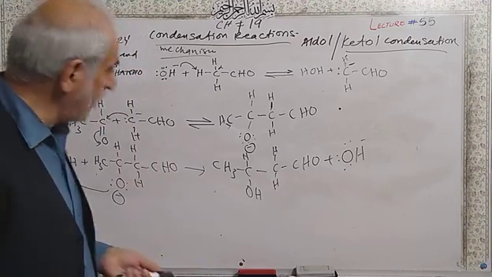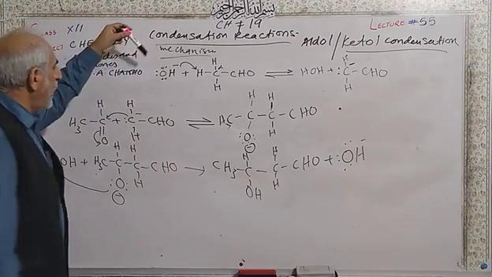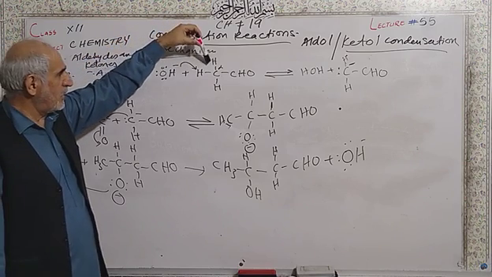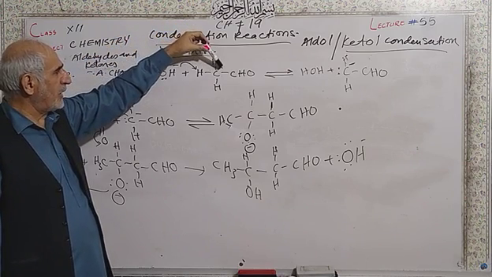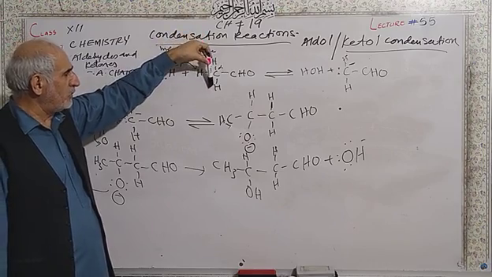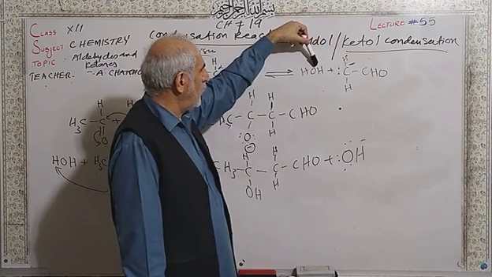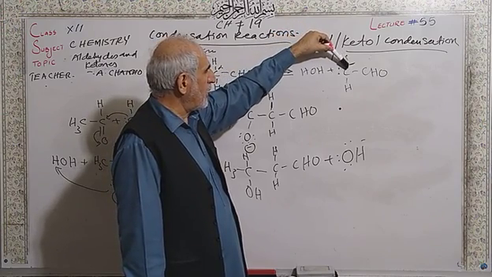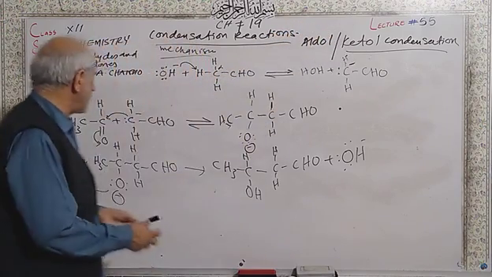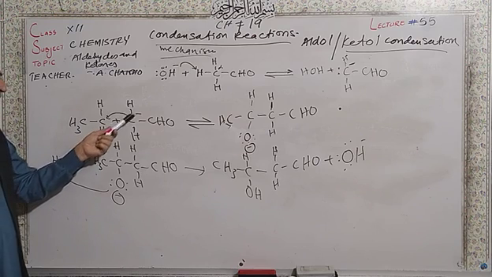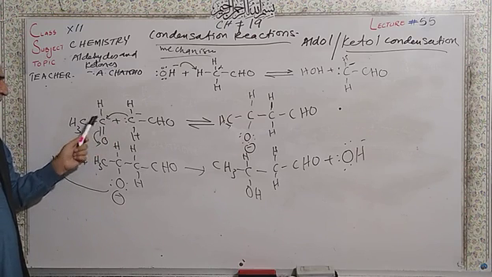Again I am telling you the mechanism of the condensation reactions. This is the base catalyst. This is the aldehyde which contains alpha hydrogen. One alpha hydrogen combines with OH to make water. Valency of carbon is not satisfied, so a negative charge is created. Another aldehyde, because two aldehydes are always used. This carbon nucleophile attaches to this carbon.